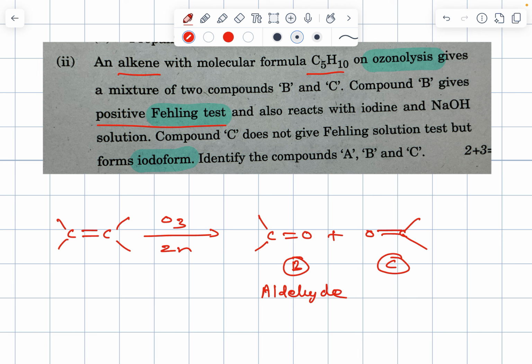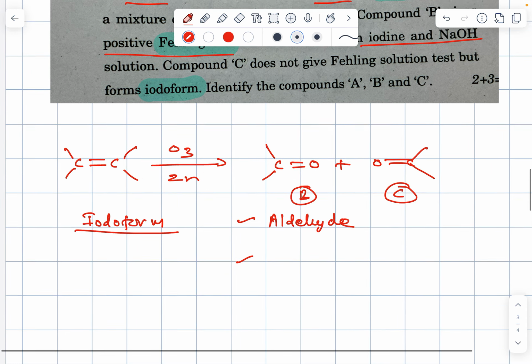It also reacts with iodine in the presence of sodium hydroxide. So what is this test? It is the iodoform test. So it also gives a positive iodoform test. In the iodoform test, what functional group must be present?